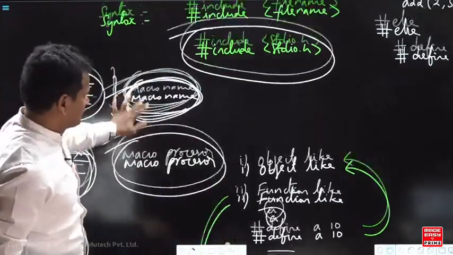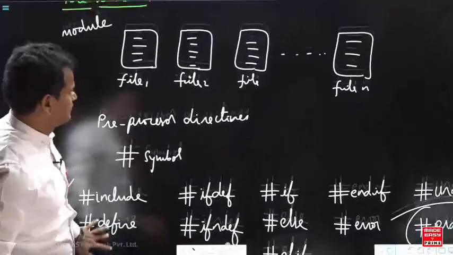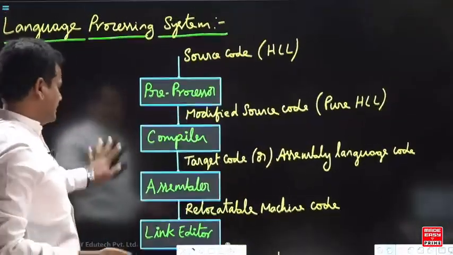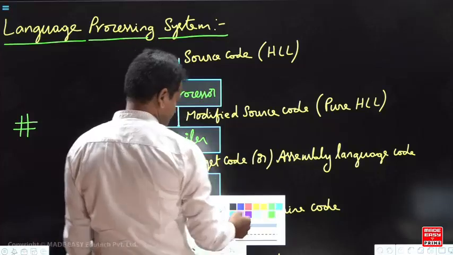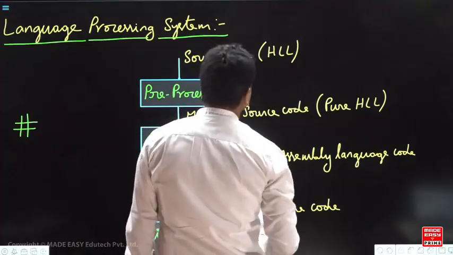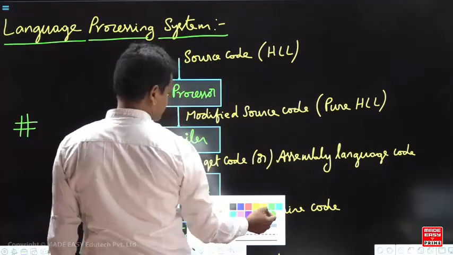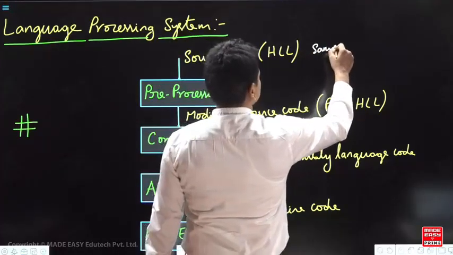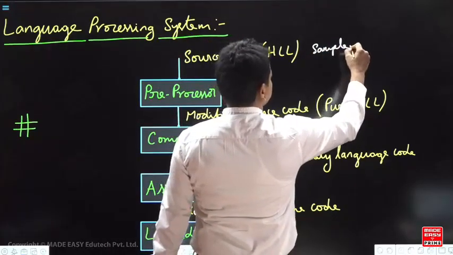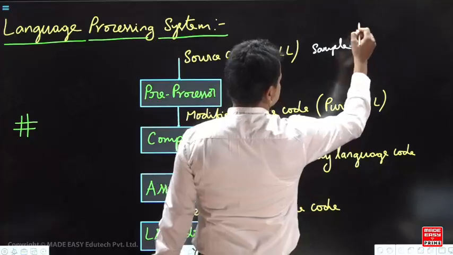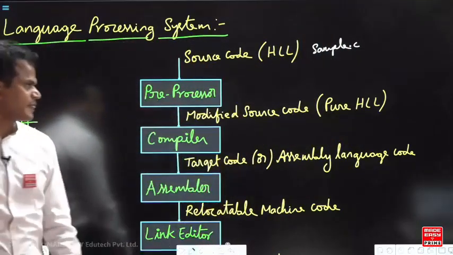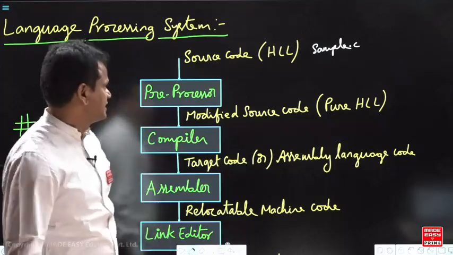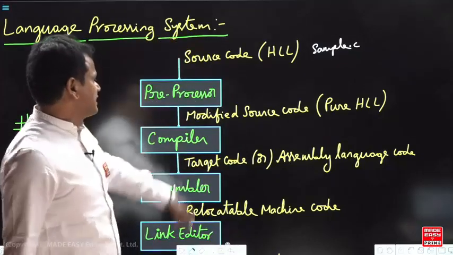One more thing, suppose I have written a program with name sample. It will be given extension .c, sample.c, and given to the preprocessor.